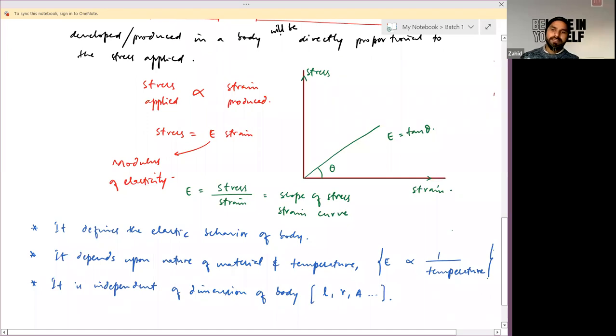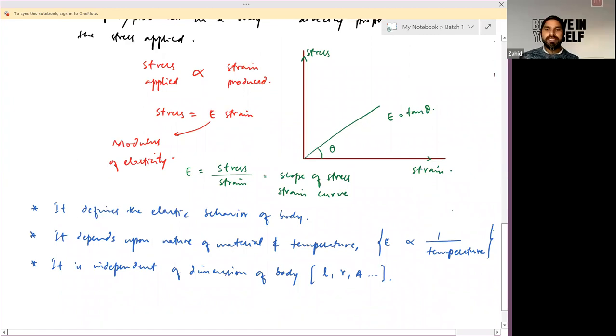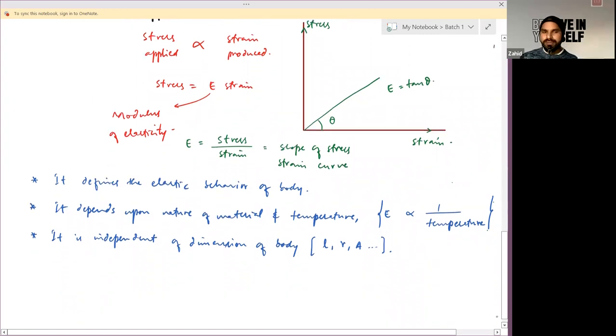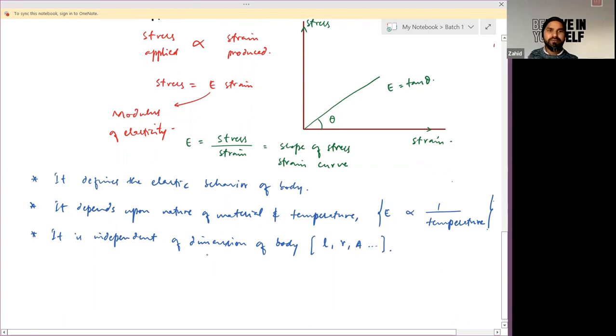Next, since strain is a unitless quantity, the unit of modulus of elasticity will be equivalent to that of stress. So its SI unit is Newton per meter square.